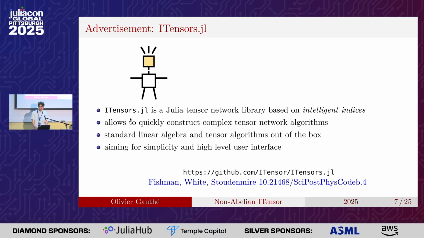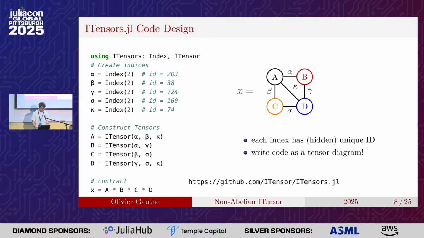It comes out of the box with many convenient algorithms so that you don't need to reinvent the wheel every time you want to write a tensor network algorithm. It's aiming for simplicity and a high-level interface, such that it's accessible to non-experts in tensor networks.